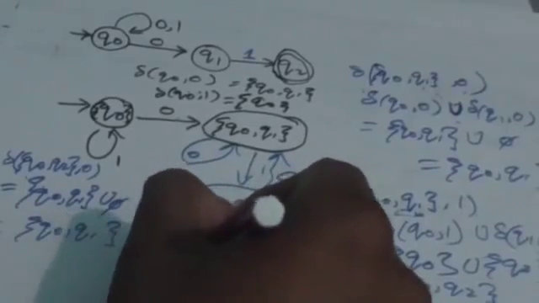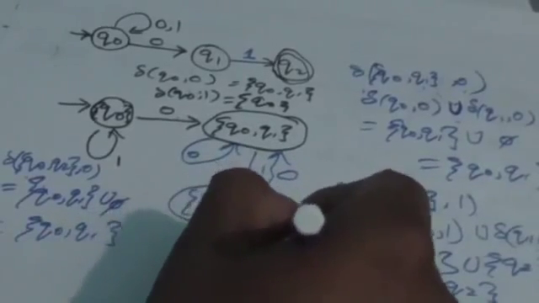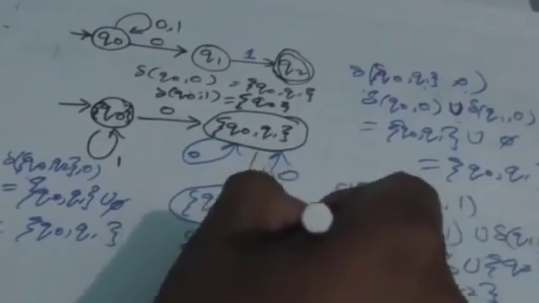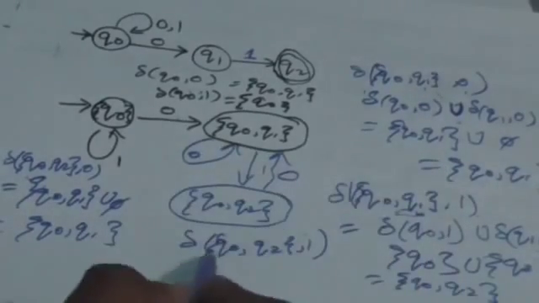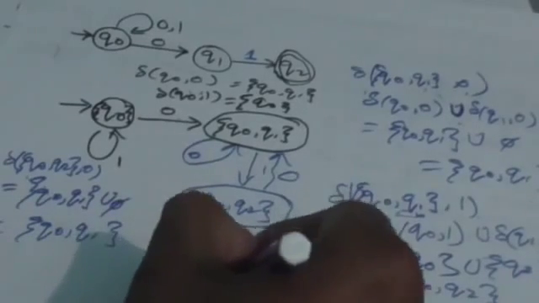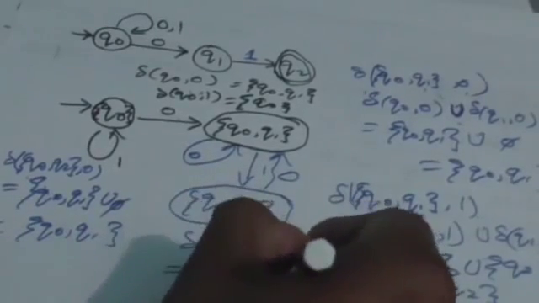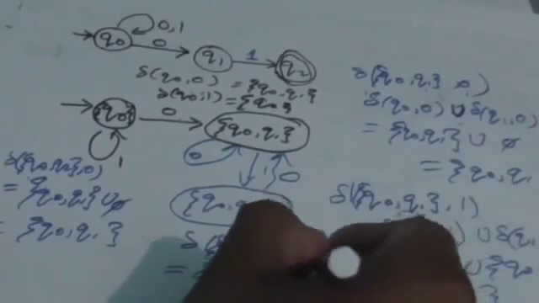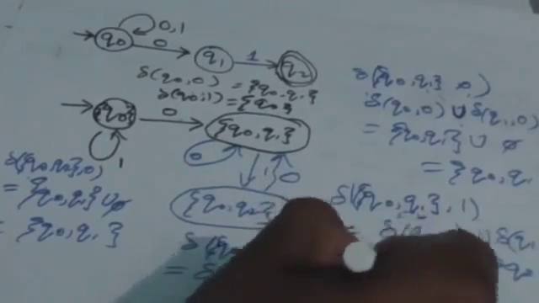Again, in the same manner, Q0, Q2. Apply 1 individually to each state of the set: delta Q0 1 union delta Q2 1.